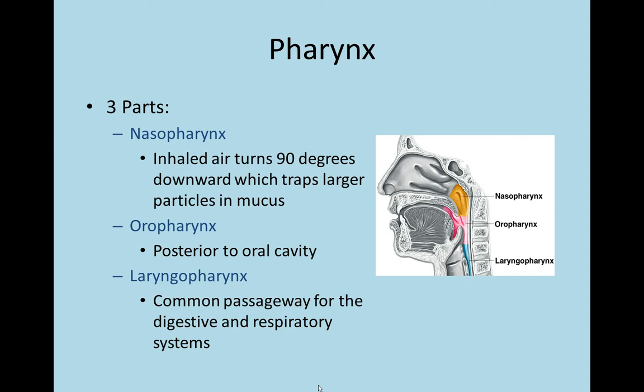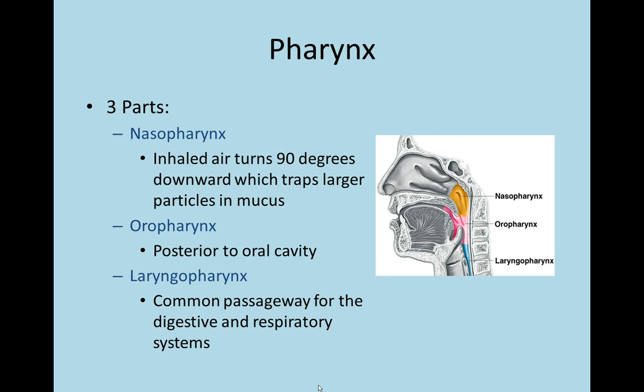The area of the pharynx just posterior to the oral cavity is called the oropharynx, oro meaning oral, mouth. It's important not just for breathing, but also for swallowing. Finally, the area of the pharynx just near the voice box, or larynx, is called the laryngopharynx.